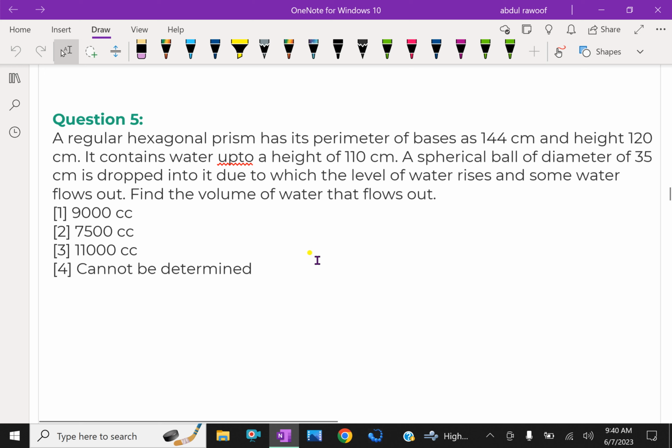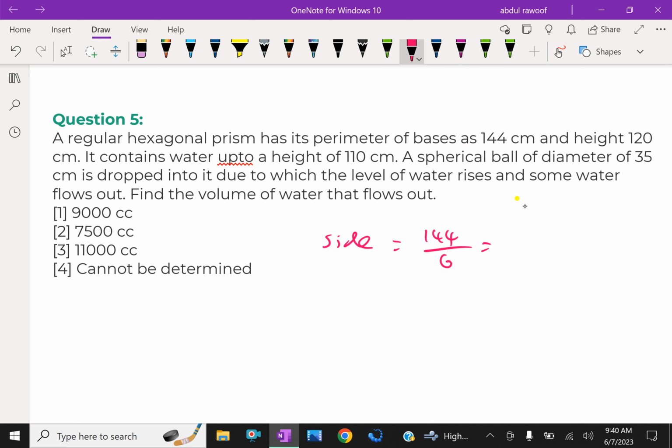Here, side of hexagonal base, because perimeter is given 144, therefore side equal 144 divided by 6 equal 24 centimeter.